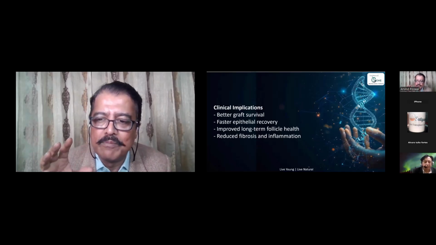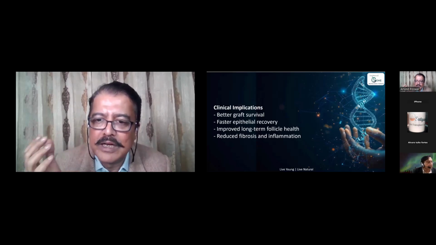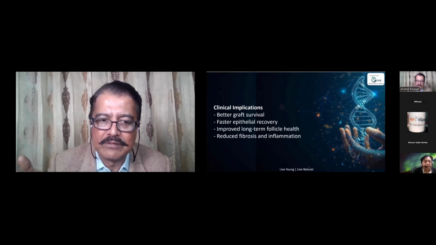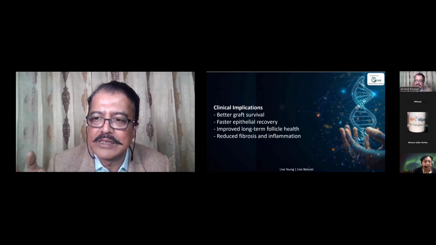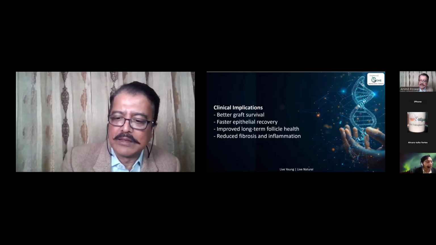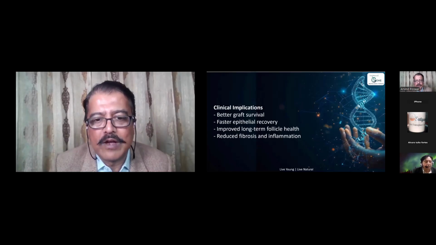So we have to improve the follicular health if we want to give meaningful hair coverage for a long term for the current generation. This is for doctors and patients alike. Of course, all these things will reduce fibrosis and inflammation.